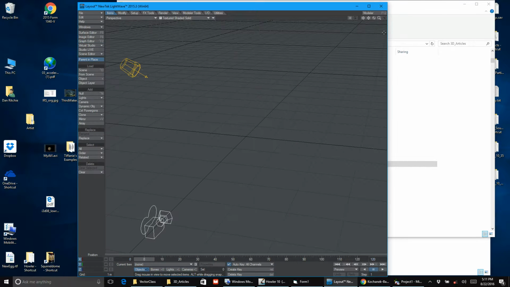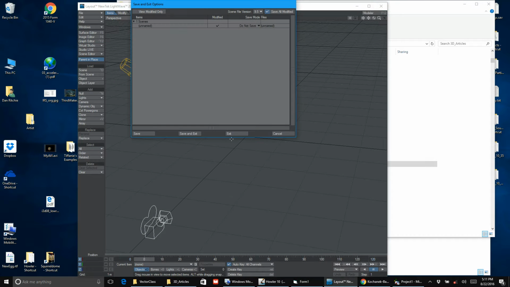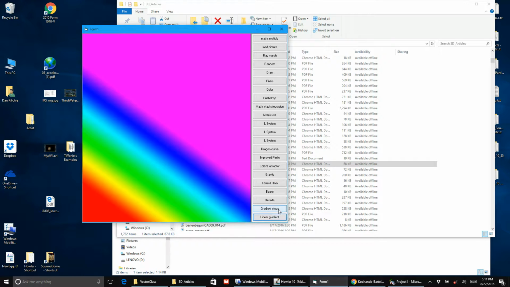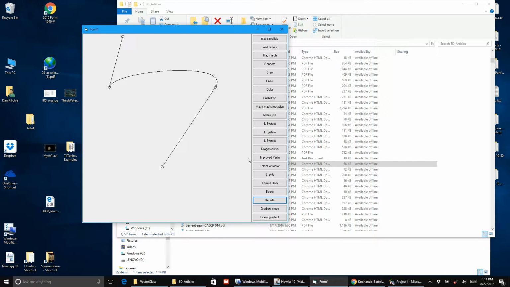So, like I said, we've gone through all this basically to prove how our curves in Howler work, that they're adequate for what we're doing, and to implement some new types as well.